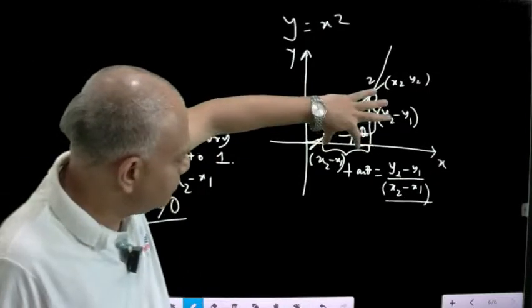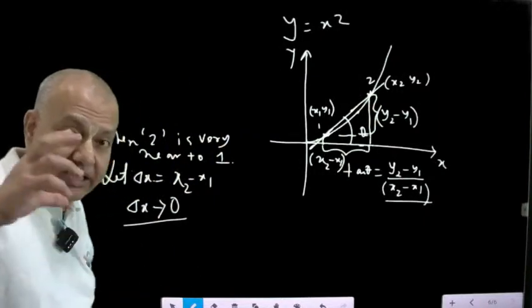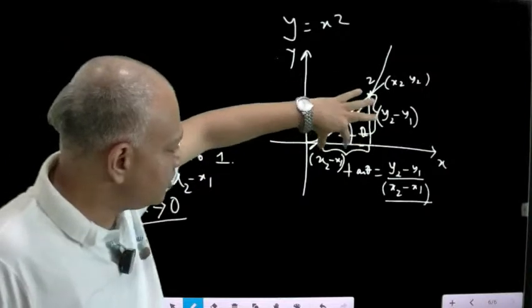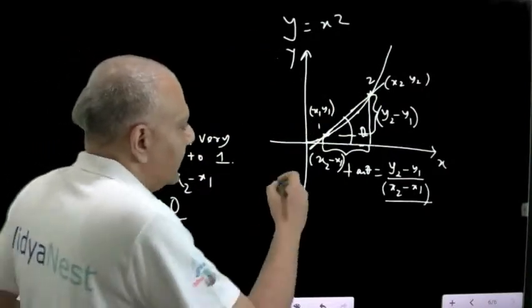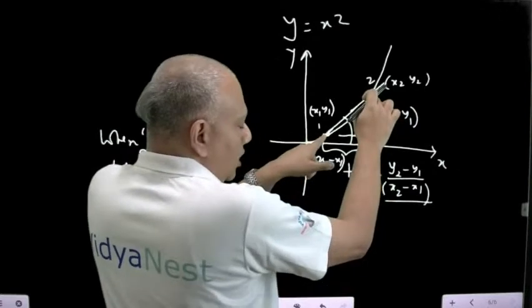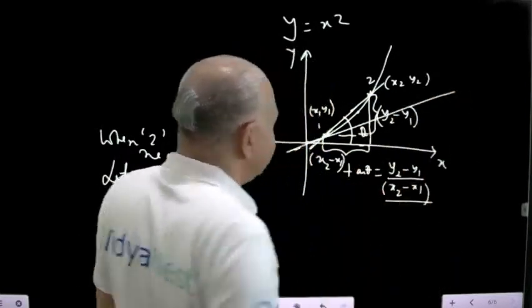The length is reducing and becoming extremely small. So this length is so small that you can think that this chord is going to become a tangent at that point.